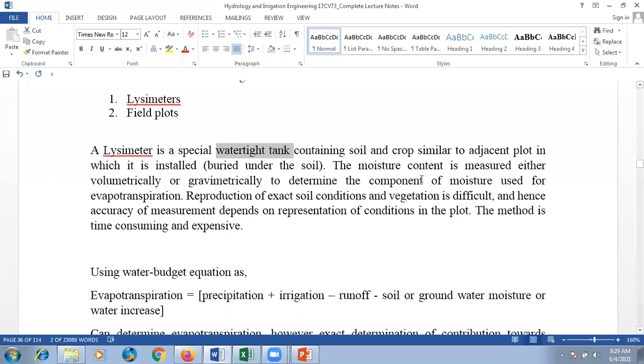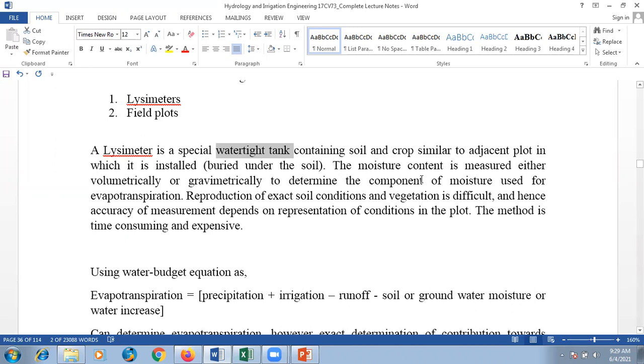Then again, the same method we adopted in the pan evaporation method, whatever we did for determination of evaporation, here also the moisture content can be measured either volumetrically or gravimetrically. That is, an initial reading is taken before the commencement of the experiment, and a final reading is taken at the end.